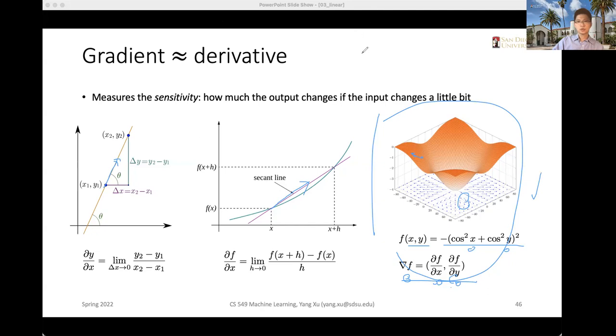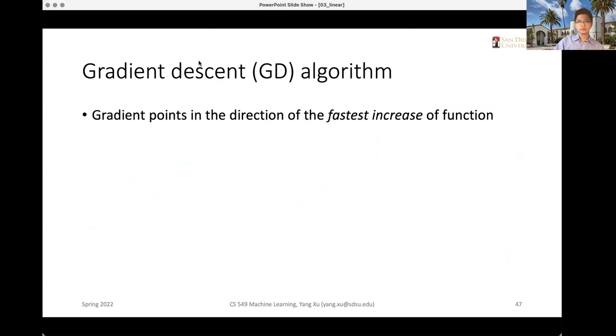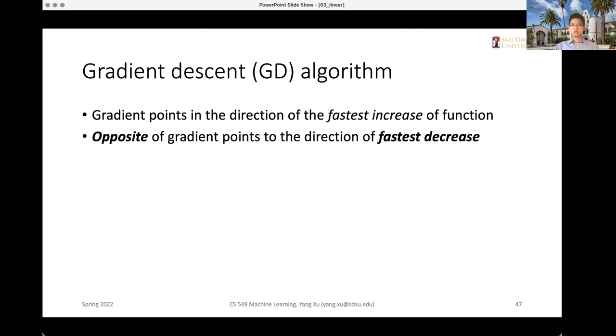So last time we also mentioned the meaning of the direction of gradients. If we walk on the surface of a function, and we walk along the direction of the gradients, then we make sure that we increase at the fastest speed.